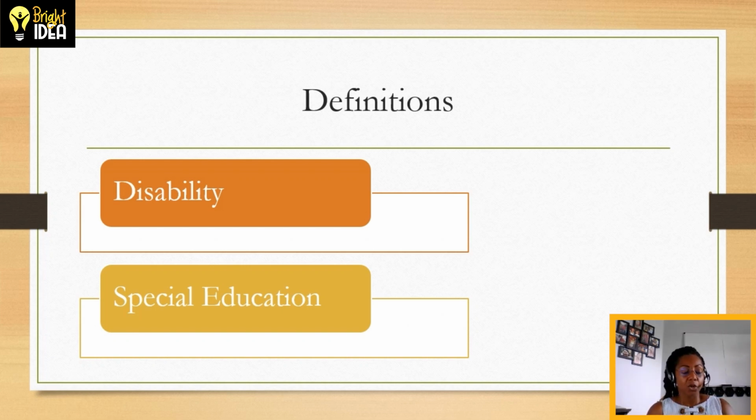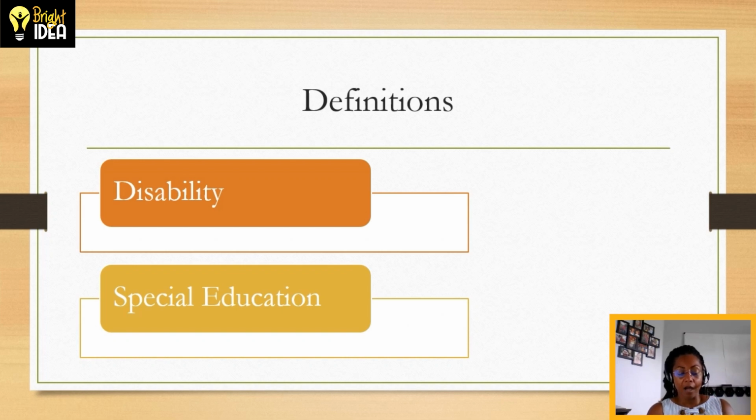All right. So, special education. Special education means instruction that is specially designed to meet the unique needs of the student or person that has a disability. It's a modified or alternate type of instruction, and it goes beyond what is provided for a traditional student who does not have a diagnosis or a disability.